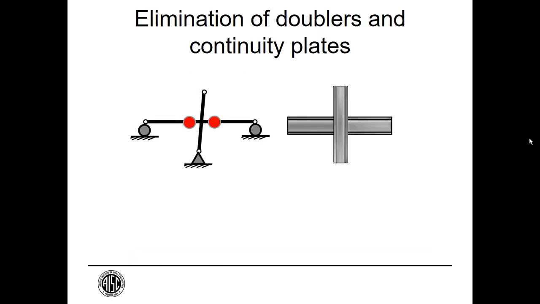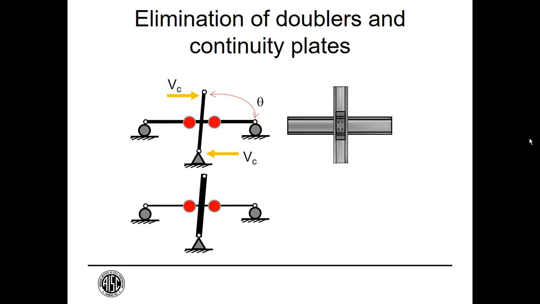So let's say this is the design that we have that requires the doubler and continuity plate. We can look at this as a subassembly, using the portal frame method, from mid-beam point to mid-beam point, or mid-column point to mid-column point. If we apply a shear to the column, we get a certain rotation between the beam and the column, and that's a function of the flexibility of both the column and the beam.